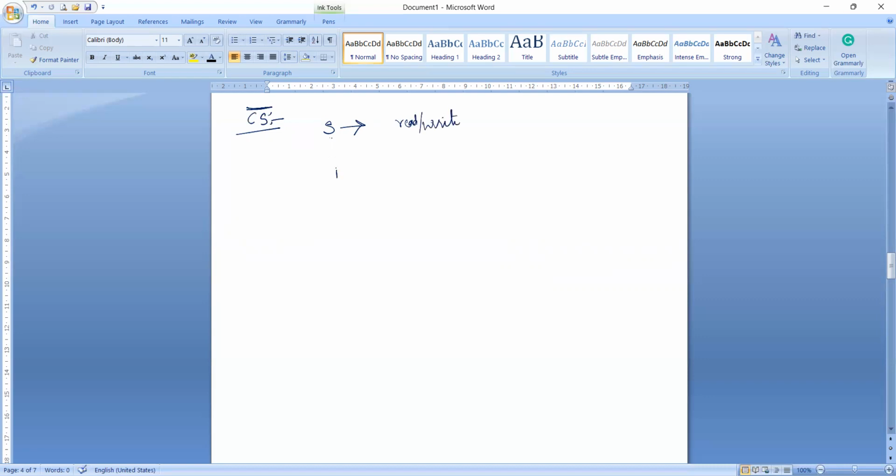Whereas in master mode, it disables all read-write operations.